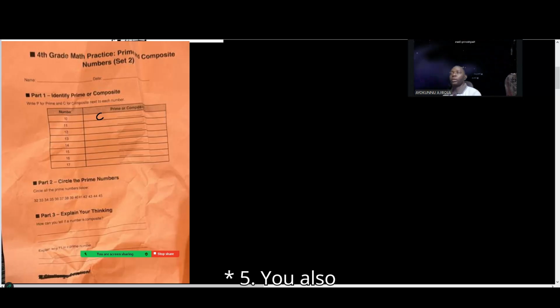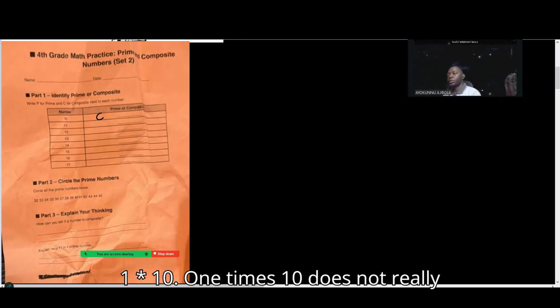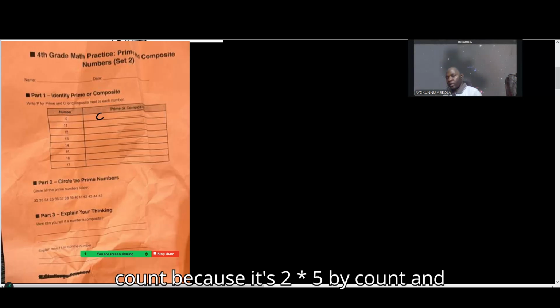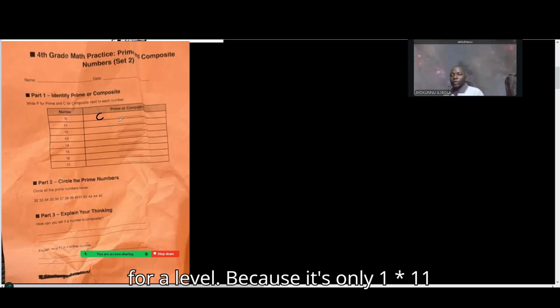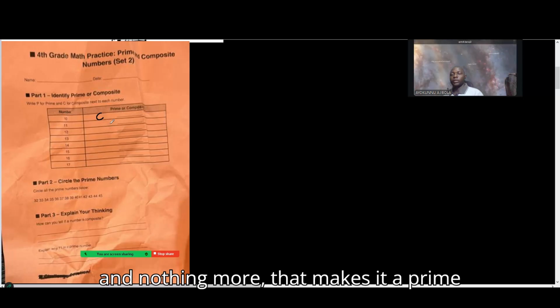So it's a composite. 1 times 10 does not really count, but 2 times 5 counts. And for 11, because it's only 1 times 11 and nothing more, that makes it a prime number.